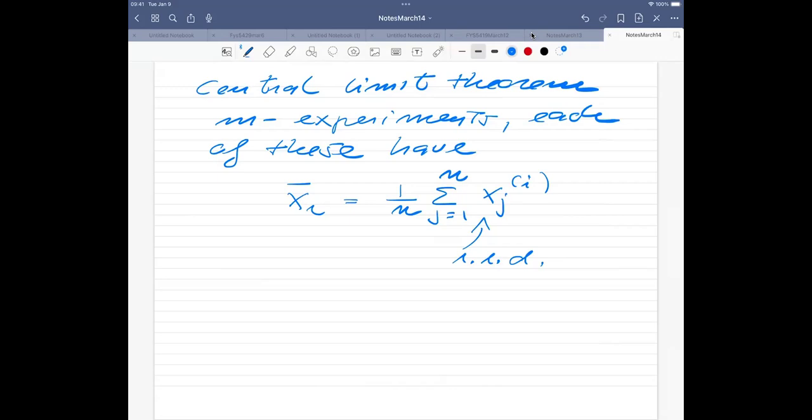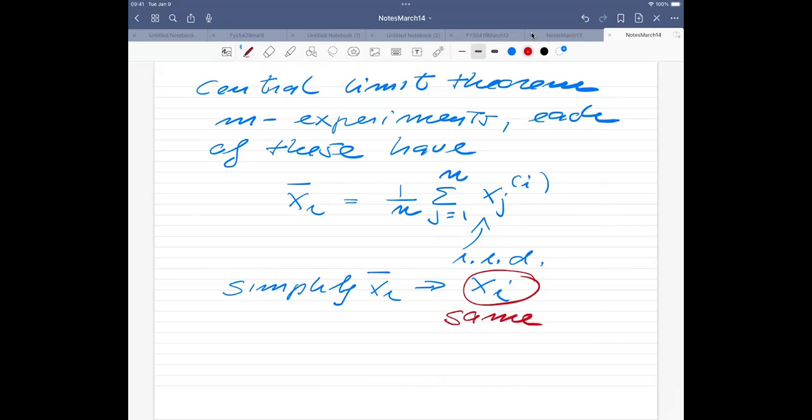Okay, so I'm going to simplify the notation now, since these are IIDs. I'm going to replace x_i bar simply with x_i, like this. And what is important is that there is the same probability distribution behind each of these mean values.